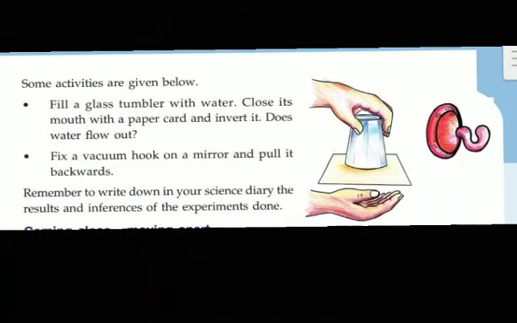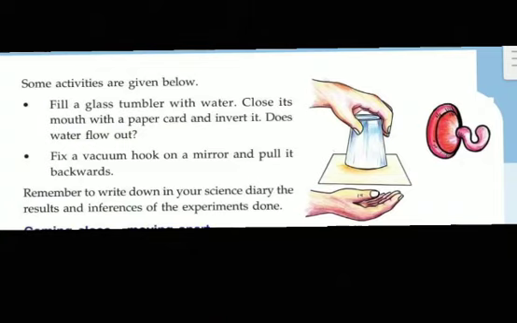This is because the atmospheric pressure acting upwards is greater than the liquid pressure acting downwards. That is why the water doesn't fall off.